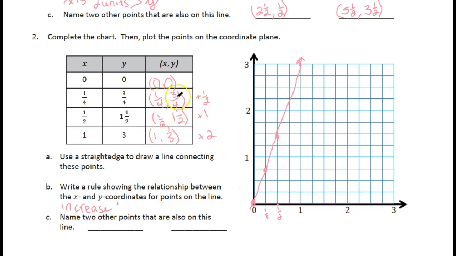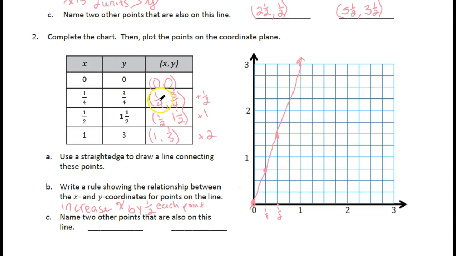Let's see what this one gained. So each time x gains 1/2. Increase x by 1/2 each point. So if we increased it by 1/2, then we add 1/2 again.